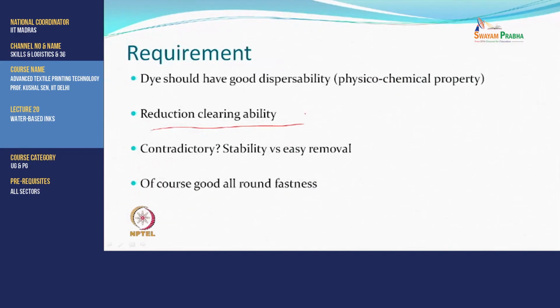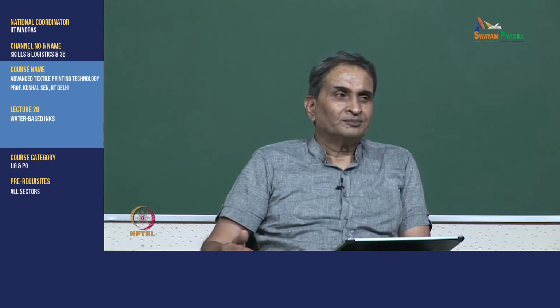Then there is a requirement of a reduction clearing. Remember, every time we do HTHP dyeing with disperse dye on polyester, after dyeing and washing, it is assumed that some amount of particles get deposited on the surface, and so they are removed by reduction clearing processes.